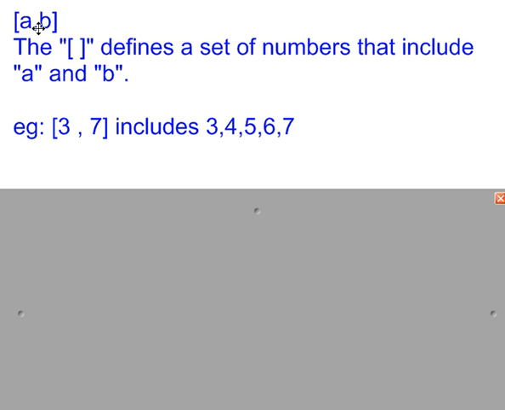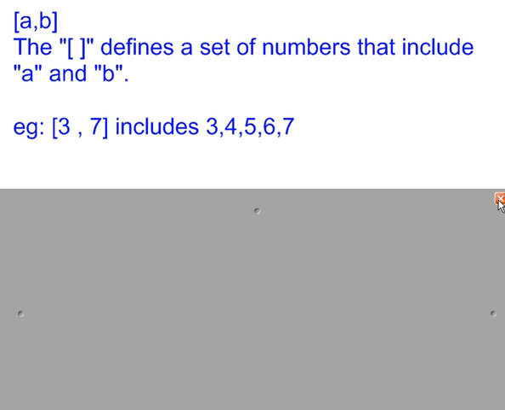So in this set, a and b is included, as well as everything in between a and b. So for example, let's say you have 3 comma 7 inside these brackets. That includes 3, 4, 5, 6, 7. So 3 and 7 is included.